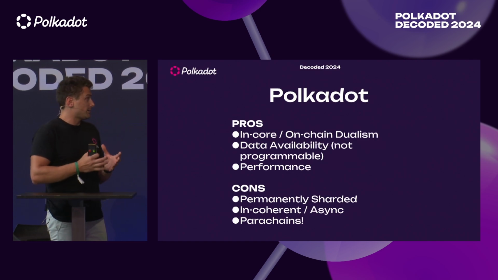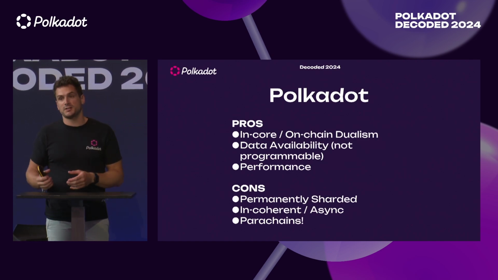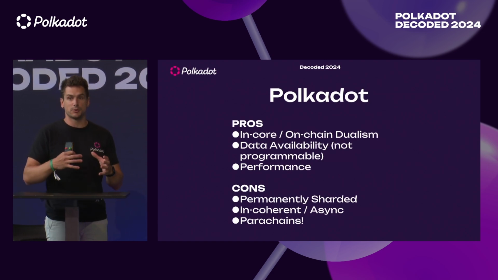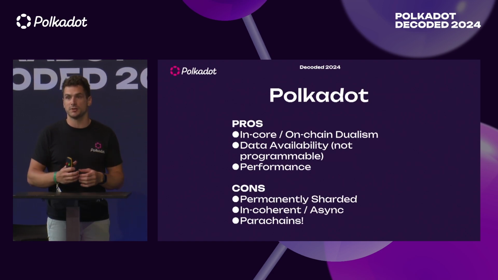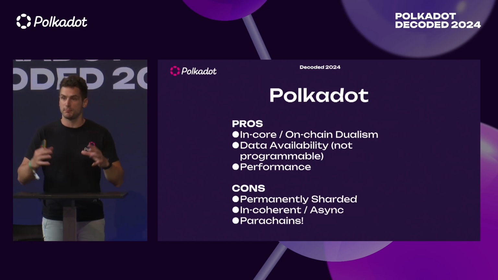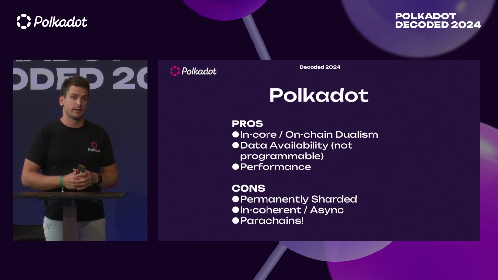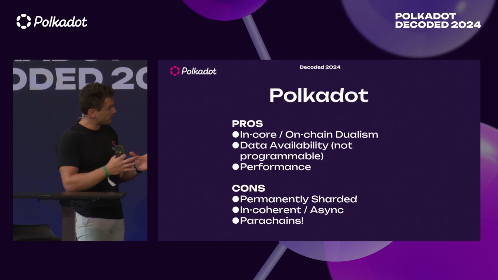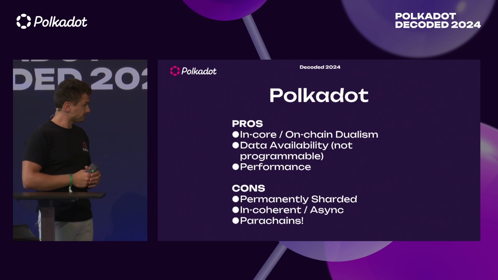And this has been a big problem compared to other chains like Solana or Ethereum that are more synchronous, and this allows for synchronous applications. Different contracts can cooperate in the same block at the same time. It's much faster. So this is still a problem of Polkadot.